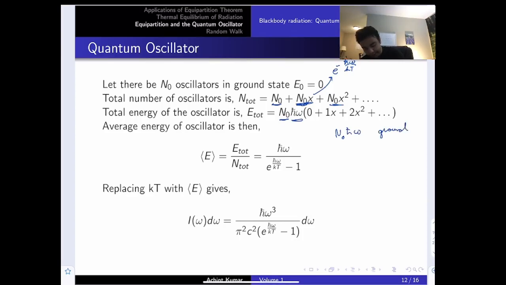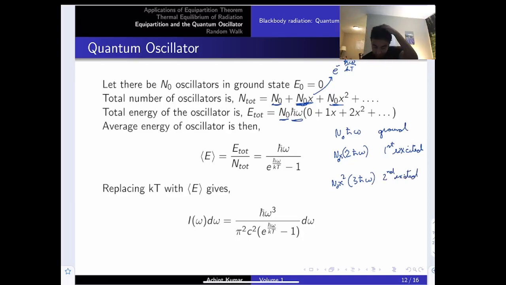For the first excited state, the energy is 2 times h bar omega, but the number is n naught times x. This is the first excited state. For the second excited state, the number is n naught times x squared, but the energy is 3 times h bar omega. That's the second excited state, and so on and so forth.